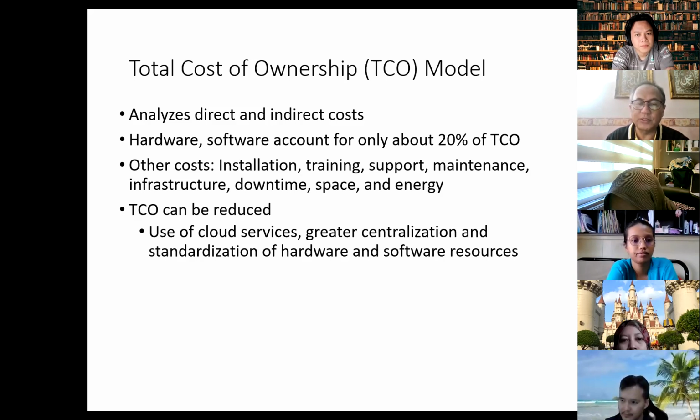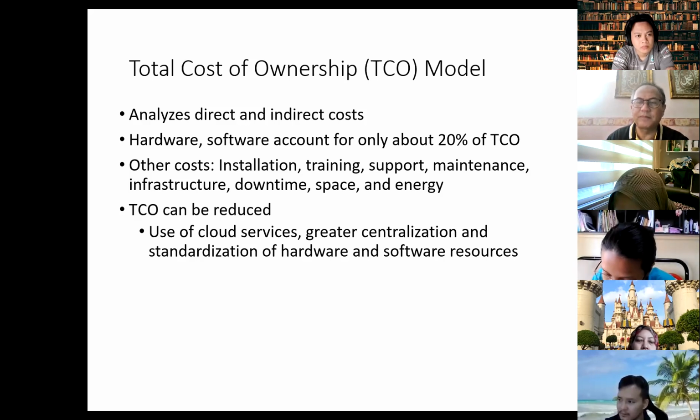One option is to use cloud services. But from my own personal experience, even if you use cloud services, it will depend on the type of cloud. Some clouds are quite expensive as well, and then the TCO doesn't differ much compared to having your own on-premise system.